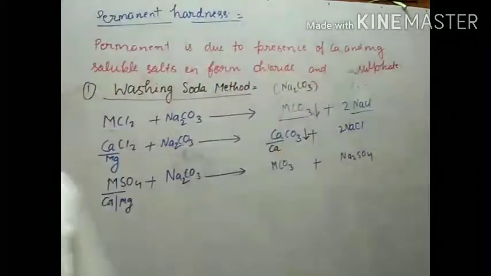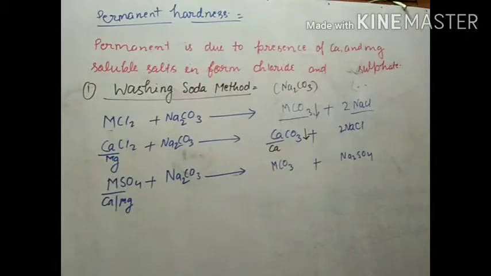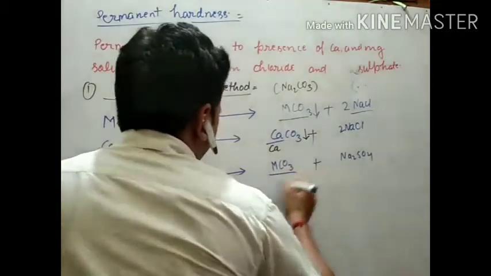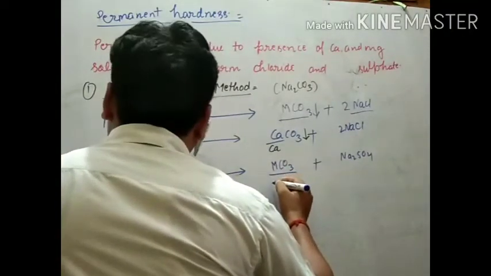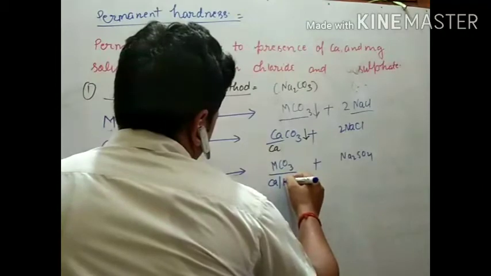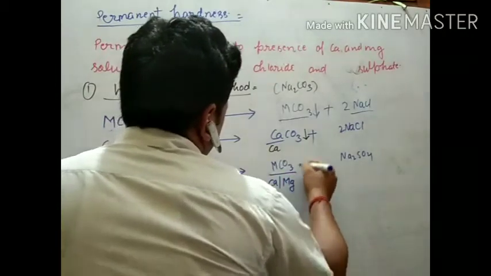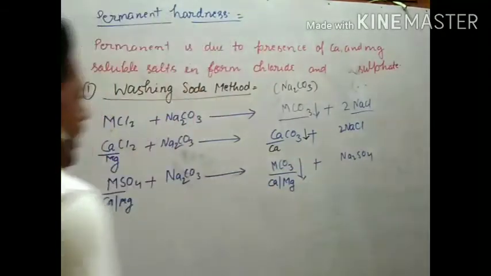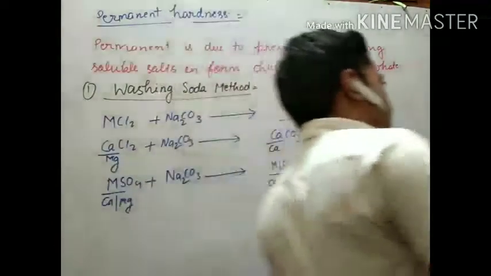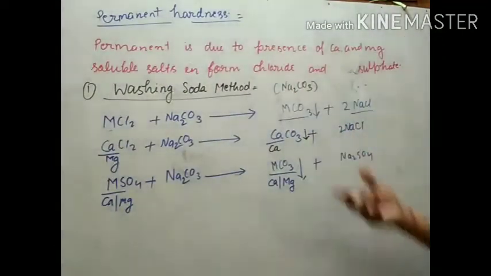Or we can write calcium instead of magnesium. So what we have seen, we have converted the soluble impurities into insoluble impurities.